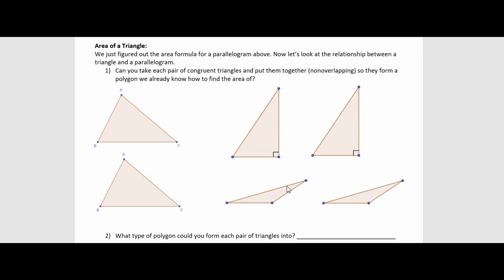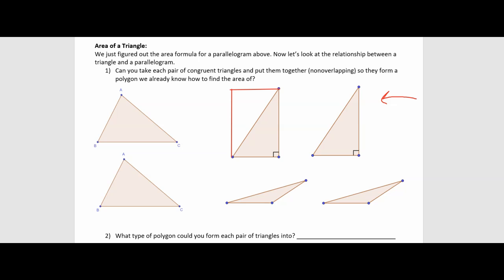Let me just take this set here first. So if I combine these two triangles, if I move the right one over to the left, it's not fantastic. Let's try that one more time. It's a little better.